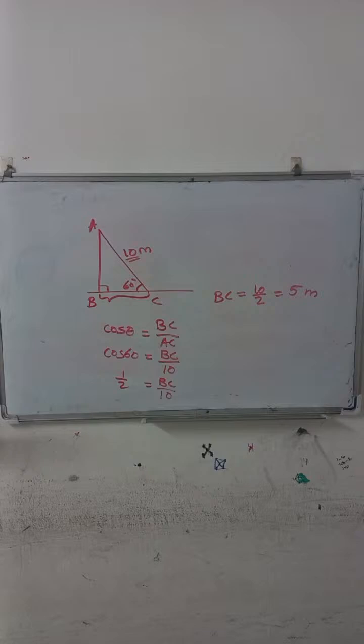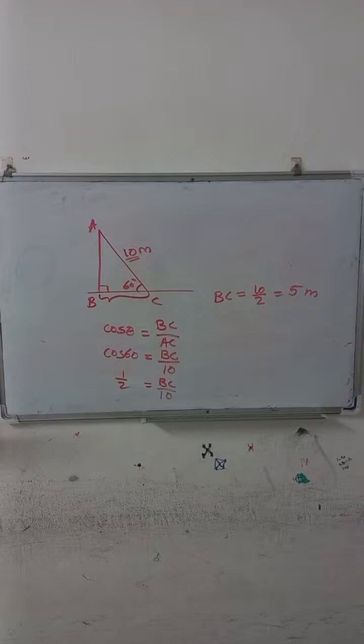From a point P on the ground, the angle of elevation to the top of a vertical pole is 45 degrees.